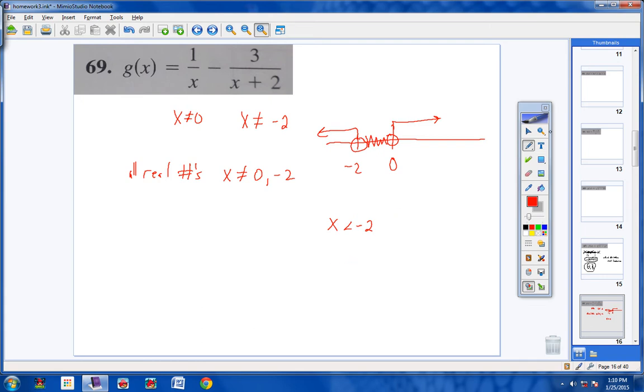Now listen to me students, this inequality right here goes for this region to the left, okay? Now, this region in the middle right here, I would bring down your negative 2, bring down your 0, put x in the middle, and put arrows pointing to the left. A conjunction, x is greater than negative 2, x is less than 0.